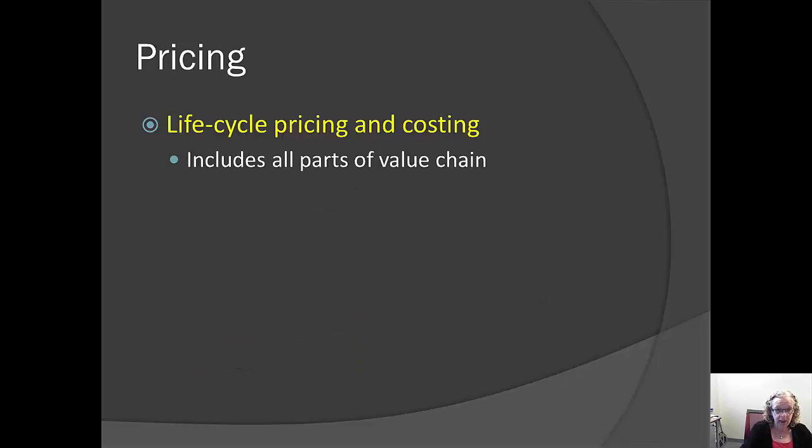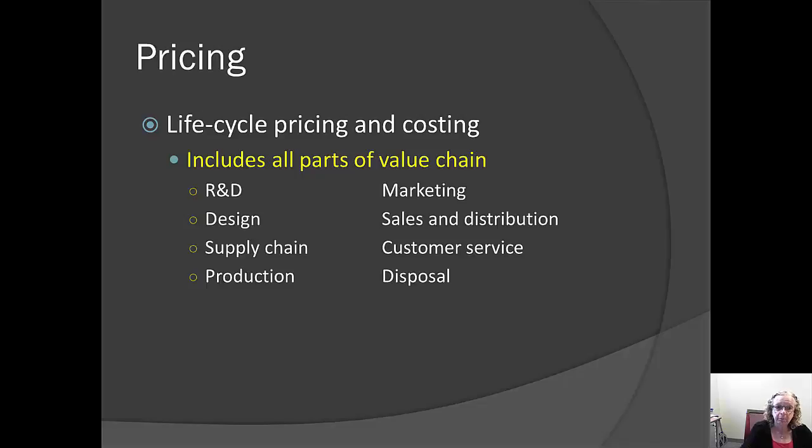Another way to think about pricing is life cycle pricing and life cycle costing. We know that there are other parts of the value chain that may occur before the product was ever designed and made, or may occur after the product has been sold to the customer. Before production, we have research and development and design and setting up our supply chain.